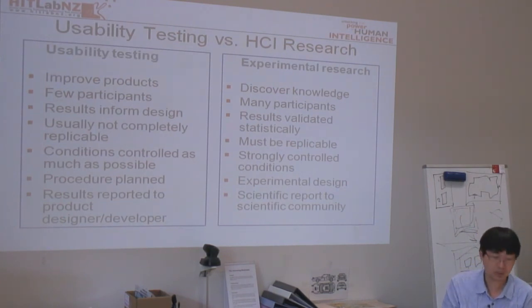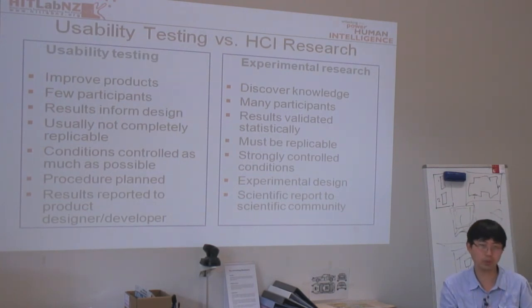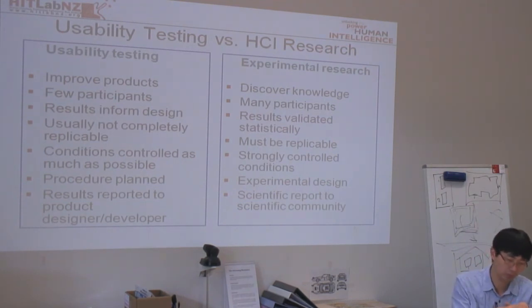And this table kind of highlights what the differences are between the two. So although both are looking into how usable your interface is, usability testing is to improve your product or your single design itself.